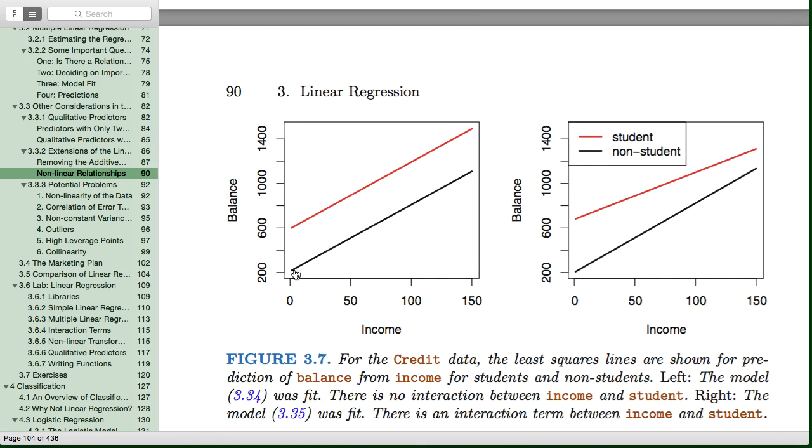This is an additive model, and this is a model with an interaction term. If we include the interaction term, we find that the non-student has a different slope from the student. That's a good indication that there is some interaction going on, although we would still want to check the p-value, the t-statistic, the standard error, whatever.